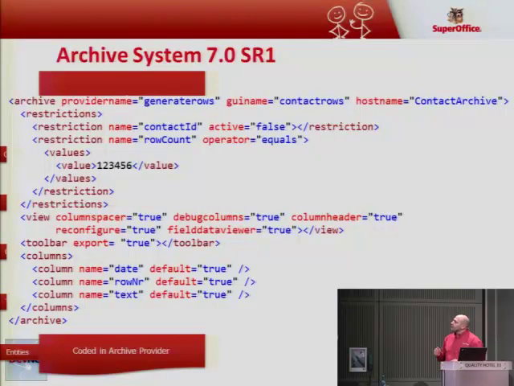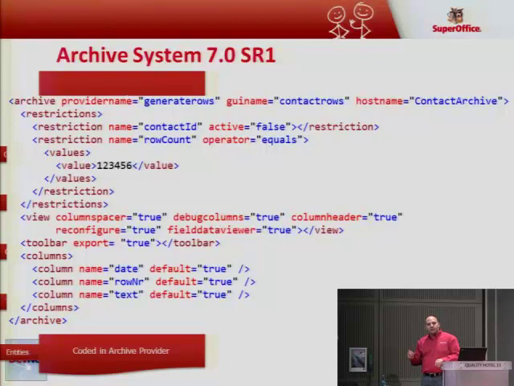For the view, still specifying the view and the capabilities that I am able to take advantage of when I'm debugging. The toolbar is here as well. Export equals true is if you get that export to Excel button showing up or not. And then my columns are still defined here.